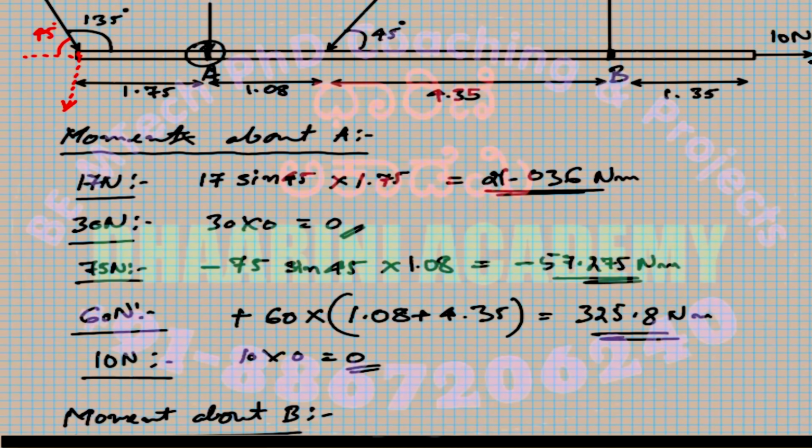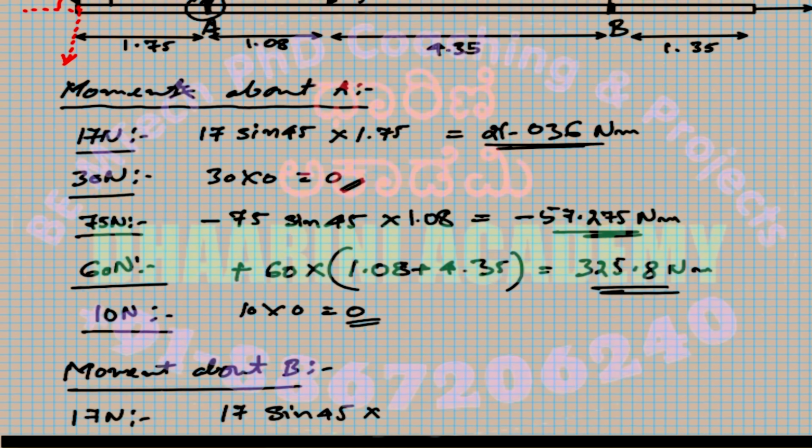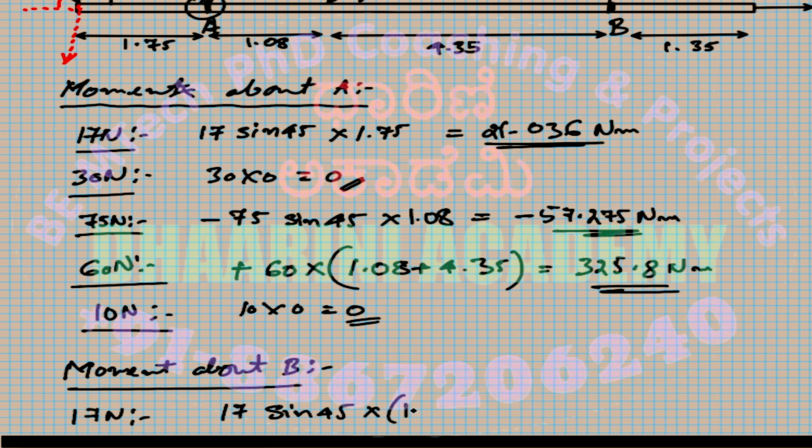Now you see the distance is a larger distance, right? So distance is 1.75 plus 1.08 plus 4.35.